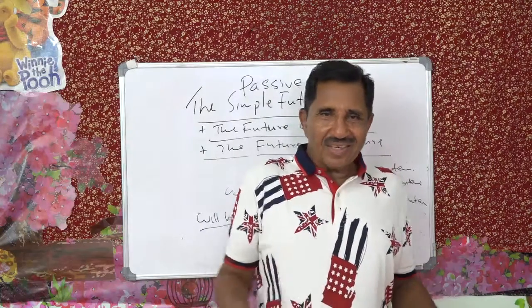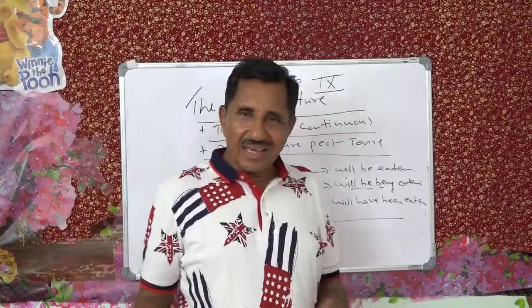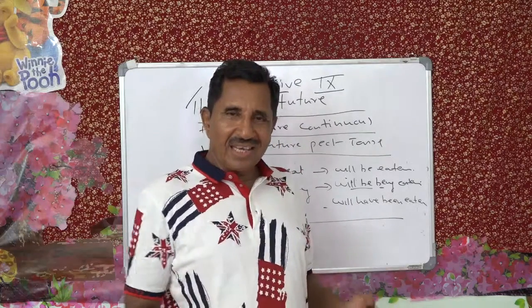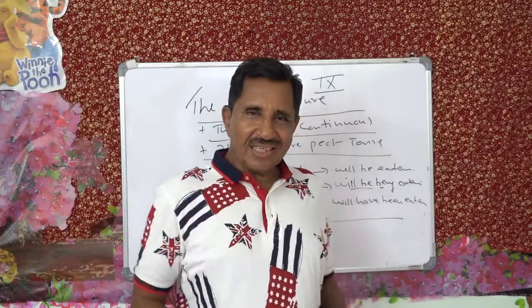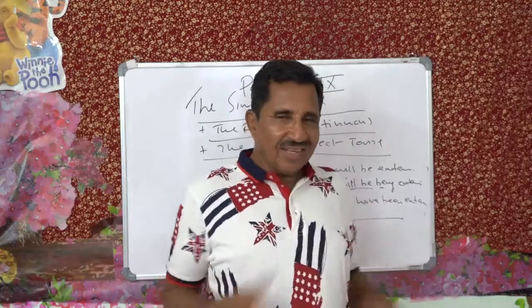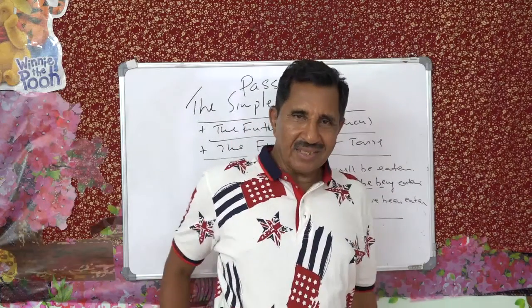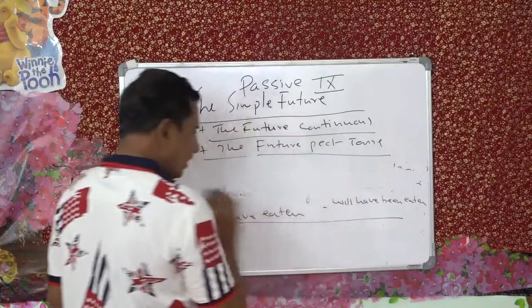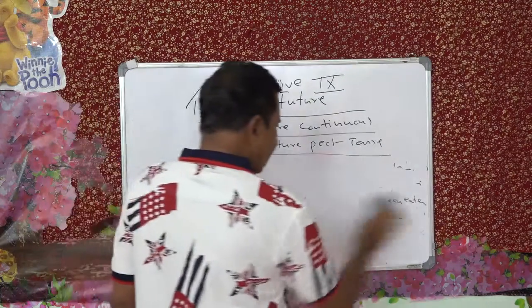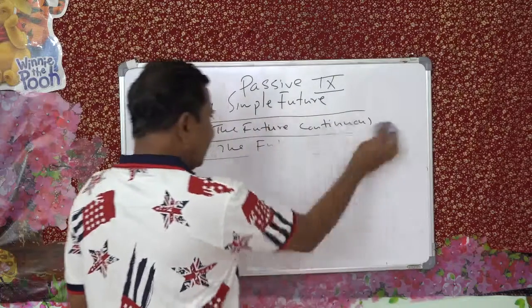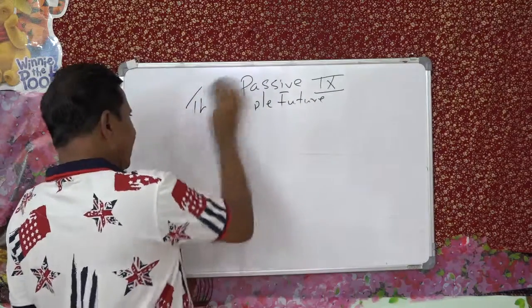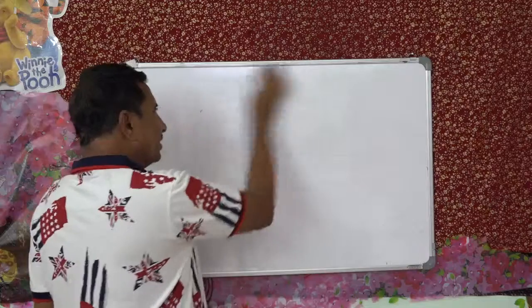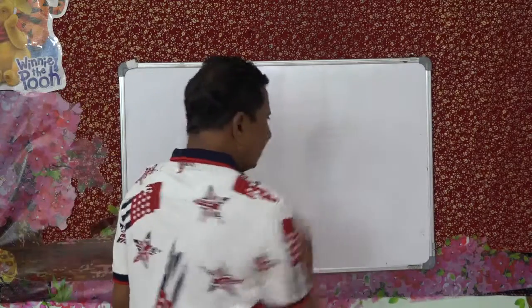See, you have will be being, will be eating, is eating, was eating, were eating. All these you have got in the members. Do you remember that? I told you. No problem. There is no problem as such. But you should be a bit careful in the sense.